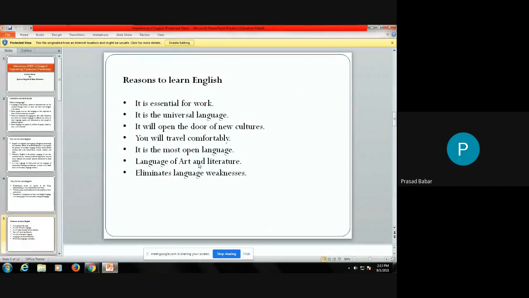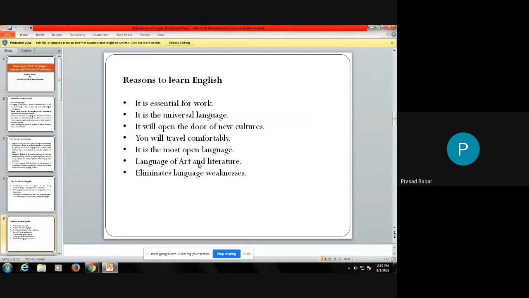It is essential for work. Yes, it is essential for work. Let's see the example of Maharashtra. We are Maharashtrian, so we have Marathi as our official language.